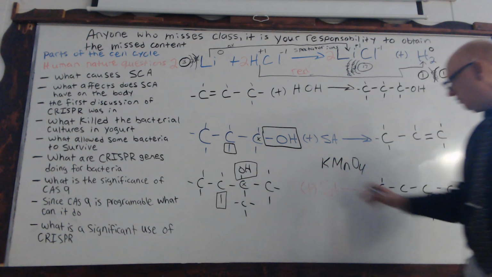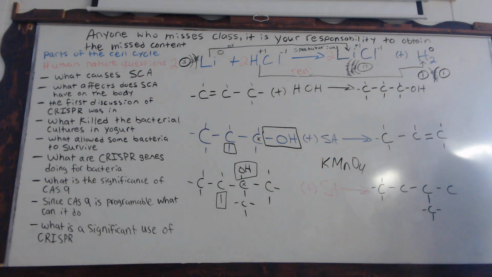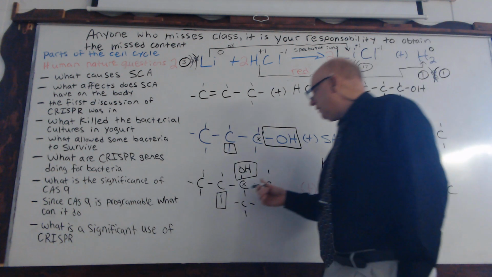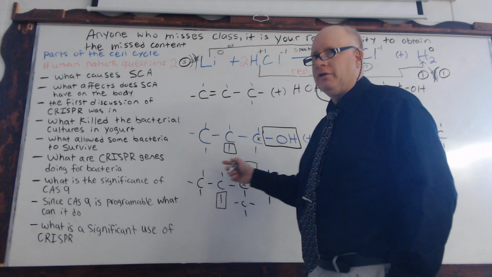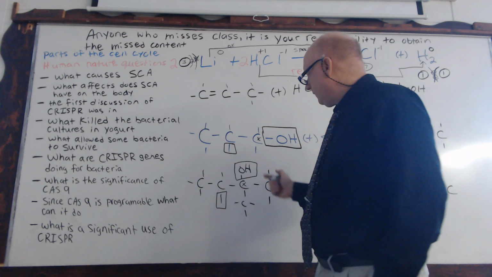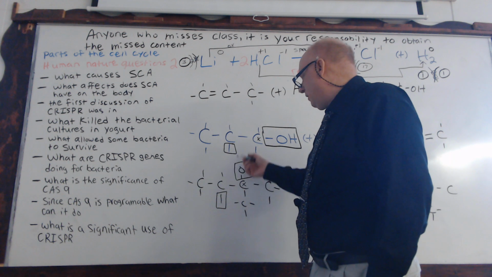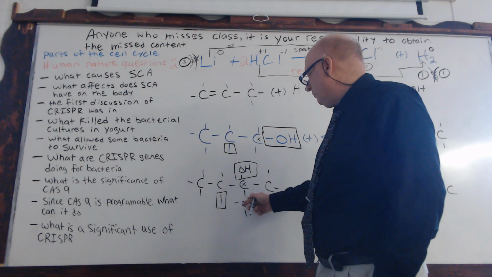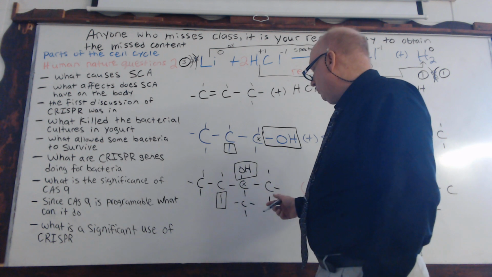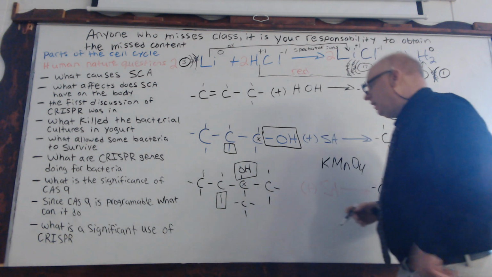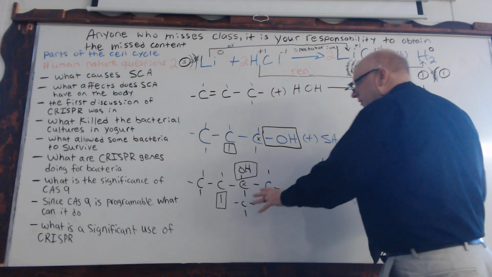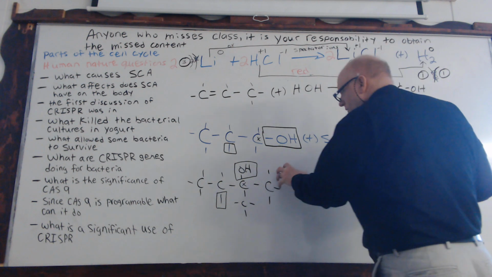So we just redraw everything minus. Well, notice it's not a random hydrogen. It's from the OH. You either got to go to the left or to the right. And because of this methyl group down here, to me it would make more sense that that would get taken off there as well. And like I said, we're not going to really say you got to go to the right every time.